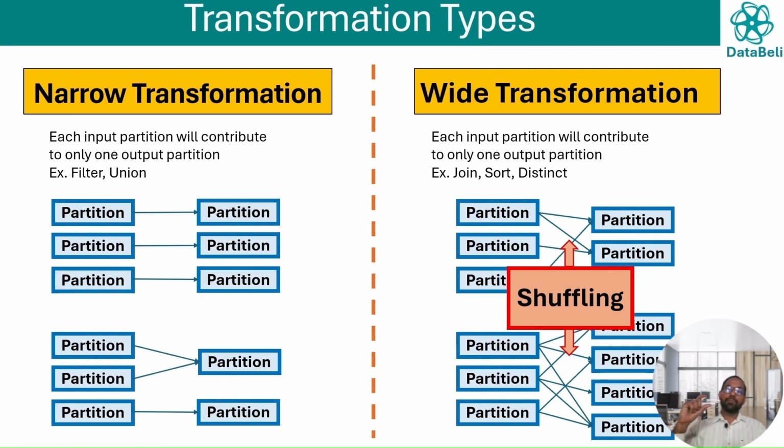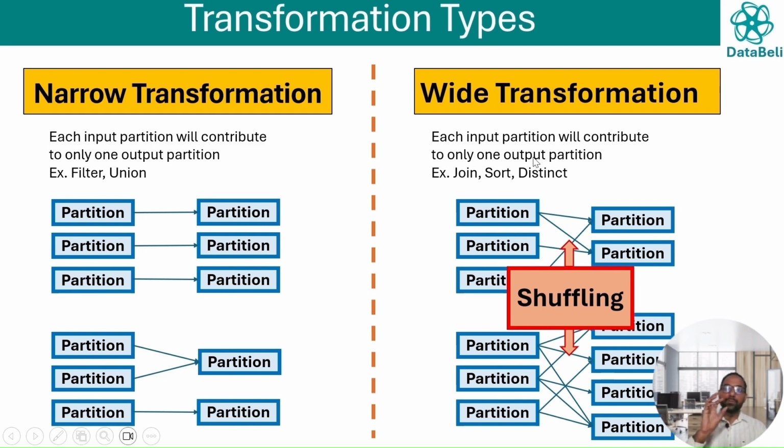So whenever shuffling happens, the data will go from one executor to another executor, and from there to another. So data will be shuffled a lot across those executors, and that is why whenever shuffling happens, the job will take time. This is going to be a heavy operation, and normally we try to avoid shuffling wherever we can.